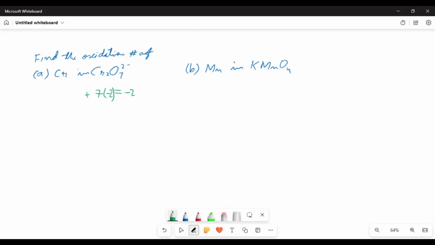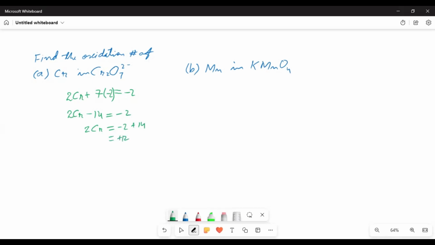Plus chromium 2, so you can write it as 2x or 2Cr, both are right. Mathematically, 7 times -2 is -14, so -2 plus 14, the final answer is +12.